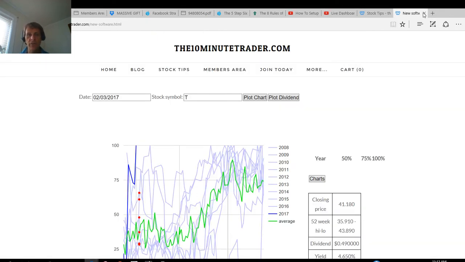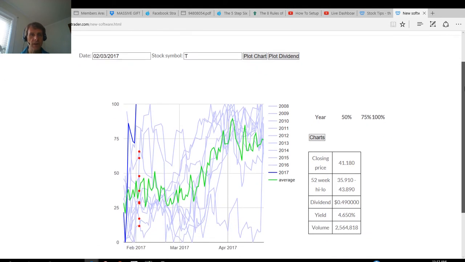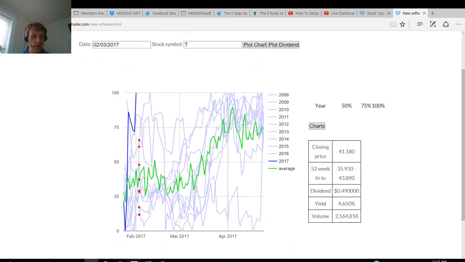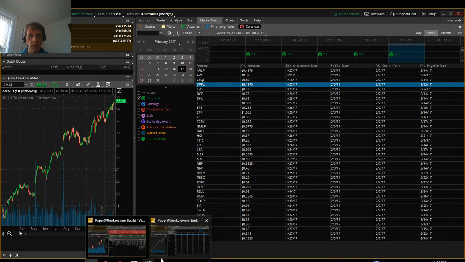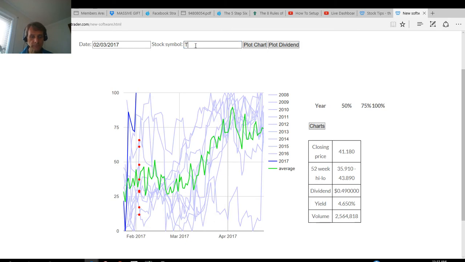Go to the other piece of software. Here's the other piece of software right here, and I want to show you a current one. Let's put in CPPL. Today is the 3rd. Plot the dividend.